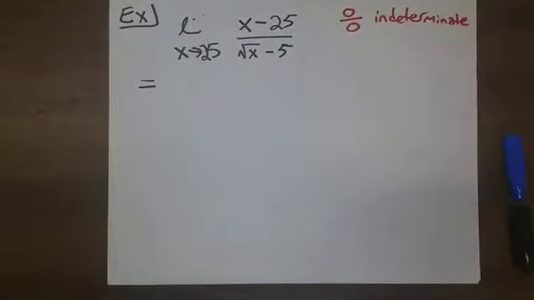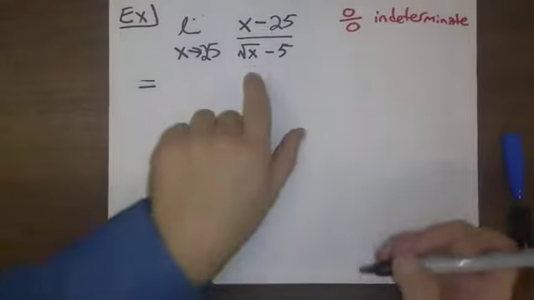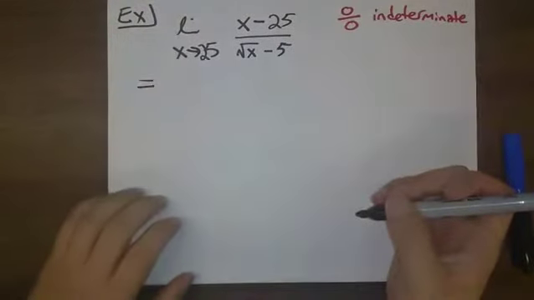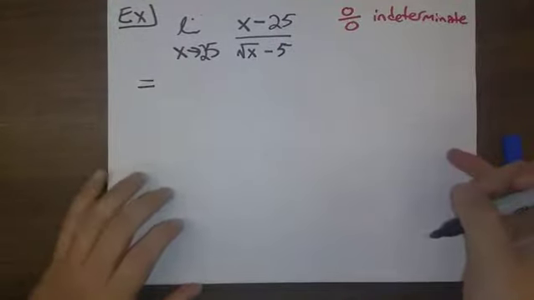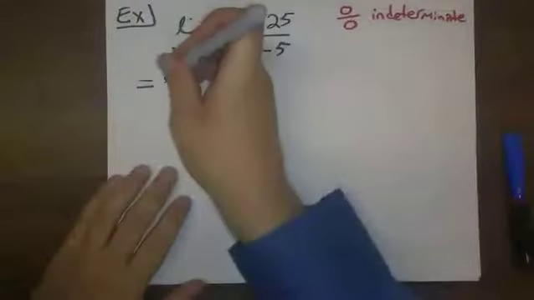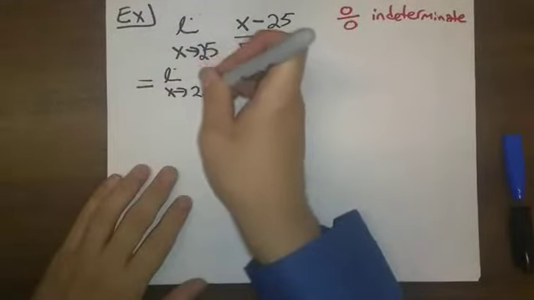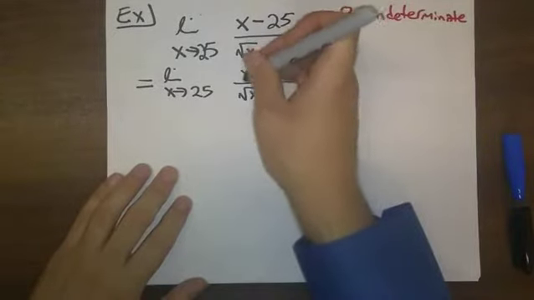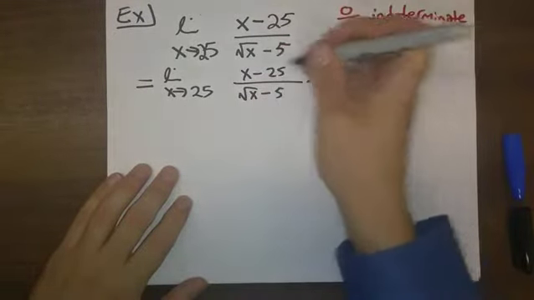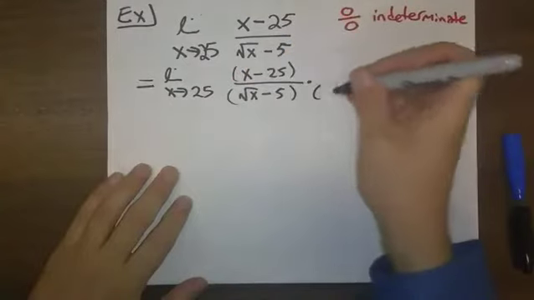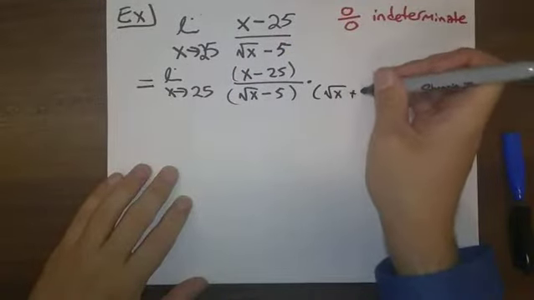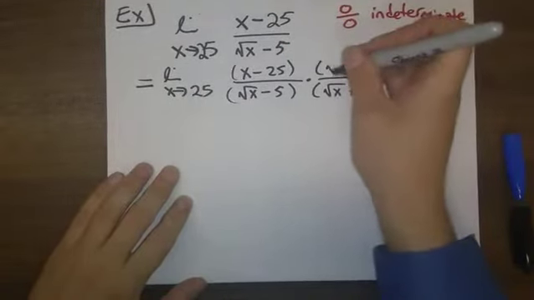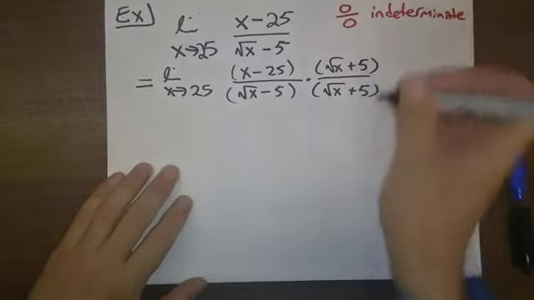So the best way to handle this is, well, there certainly are multiple ways, but maybe one of the more straightforward is that we've got a square root in the denominator, and so we can try to multiply by the conjugate. So we're going to multiply by square root x plus 5 in both the numerator and denominator.